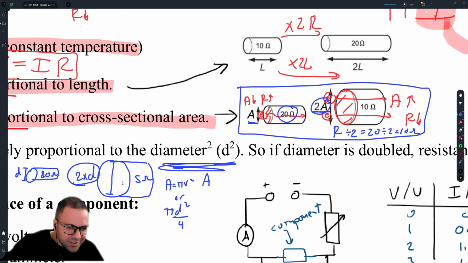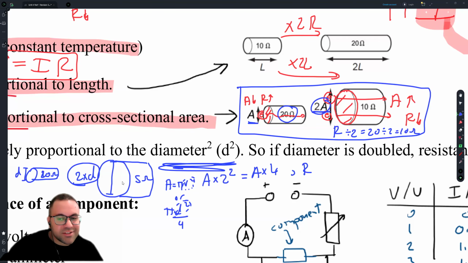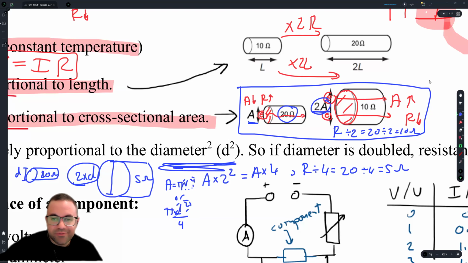You didn't change the area directly, you changed the diameter, and that has a square factor in there, which means the area is not 2 times larger, it's 4 times larger. So the resistance is not 2 times smaller, it's 4 times smaller. So 20 divided by 4 gives you what? 5 ohms. This is a very evil trick.